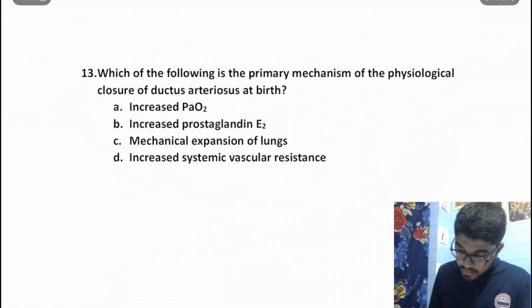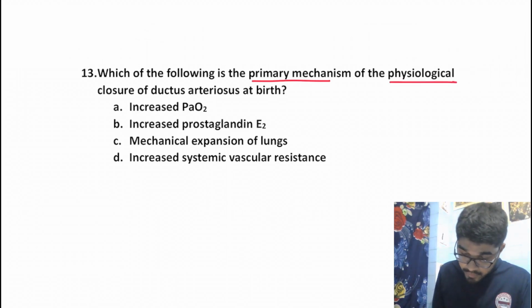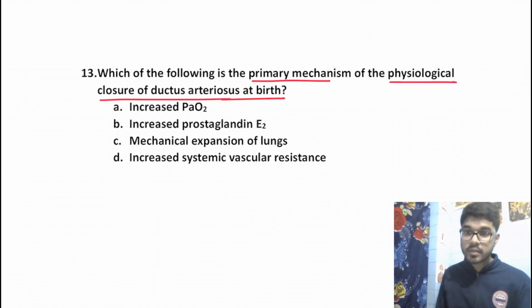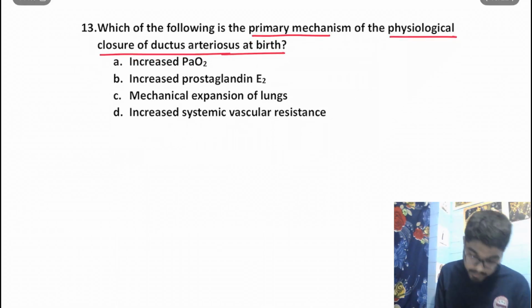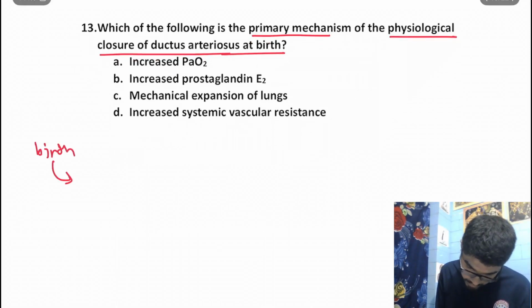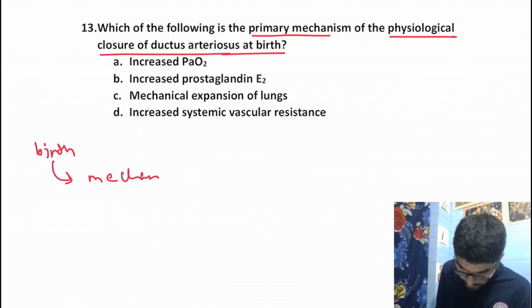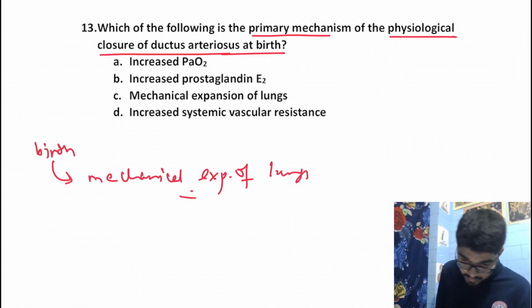Which of the following is the primary mechanism of physiological closure of the ductus arteriosus at birth? Remember, what happens at birth? There is mechanical expansion of the lungs and the pulmonary circulation begins.